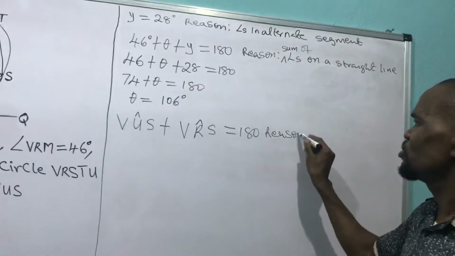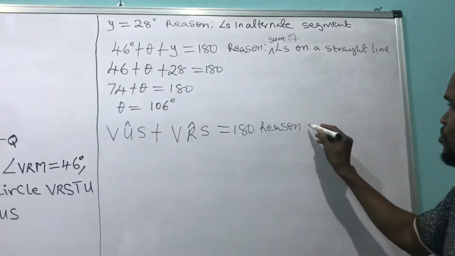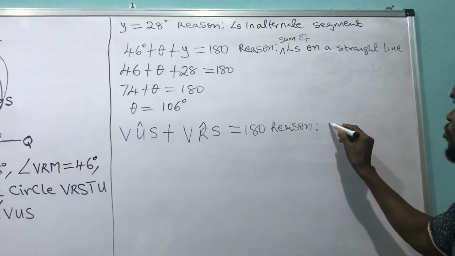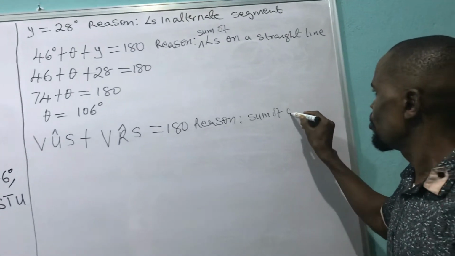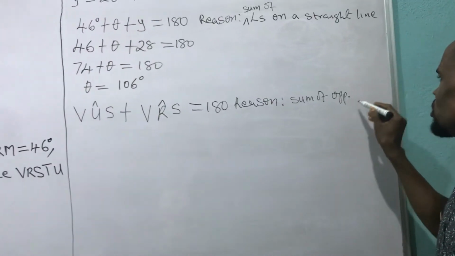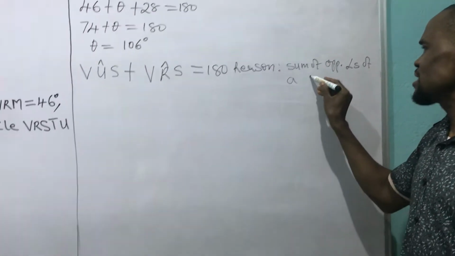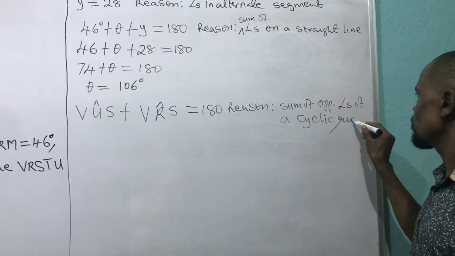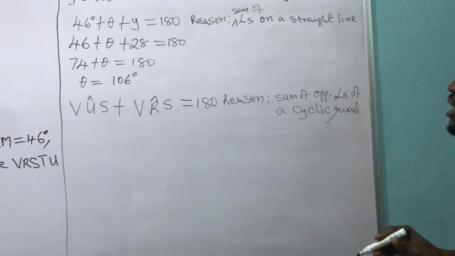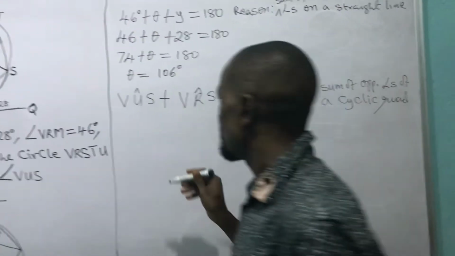Why am I saying this? We said the sum of opposite angles of a cyclic quad. The sum of opposite angles of a cyclic quad is equal to 180.